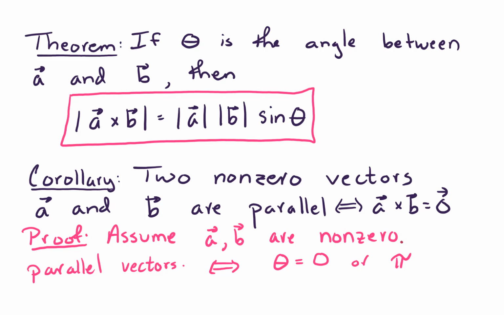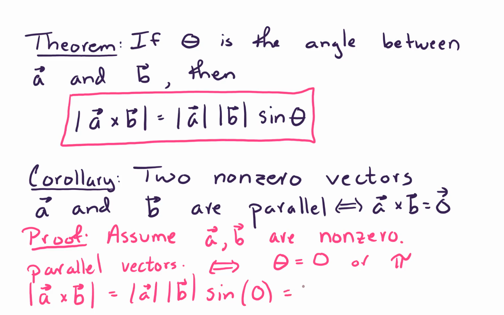Okay, and so what this means is that the magnitude of A cross B is the magnitude of A times the magnitude of B, neither of which are 0 since A and B are non-zero, times the sine of 0 or pi. So if we put in a 0, this whole side is 0, and equivalently if we put in pi, still sine of pi is 0.